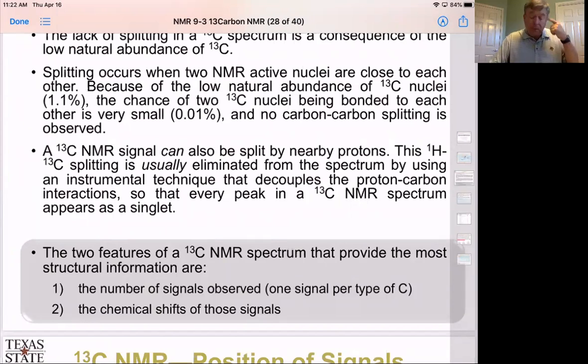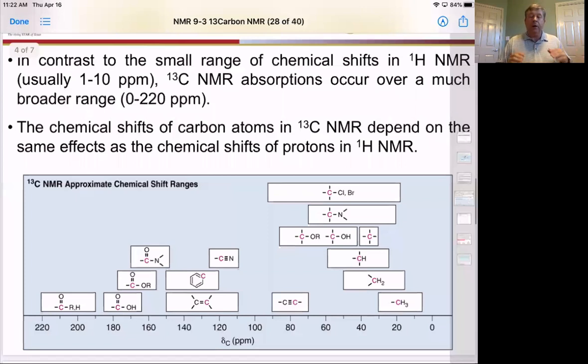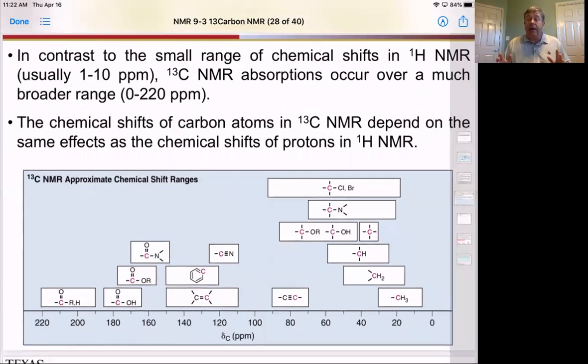So let's look at that shift right there. Similarly to proton NMR, we have our shift range in ppm, but in carbon-13, our absorbances are over a much broader range. We start at 0 with our tetramethylsilane compound, and we go all the way up to approximately 220 ppm for things with carbonyls on them.